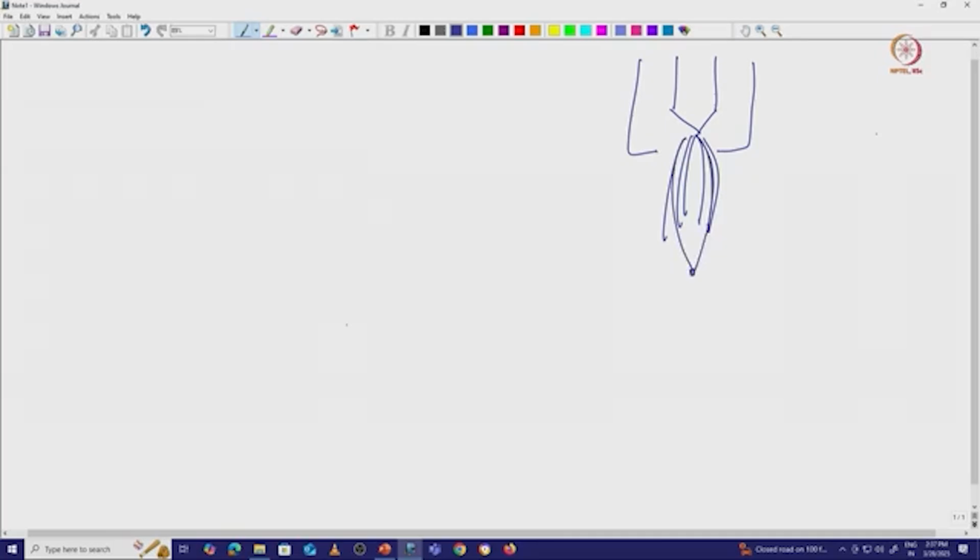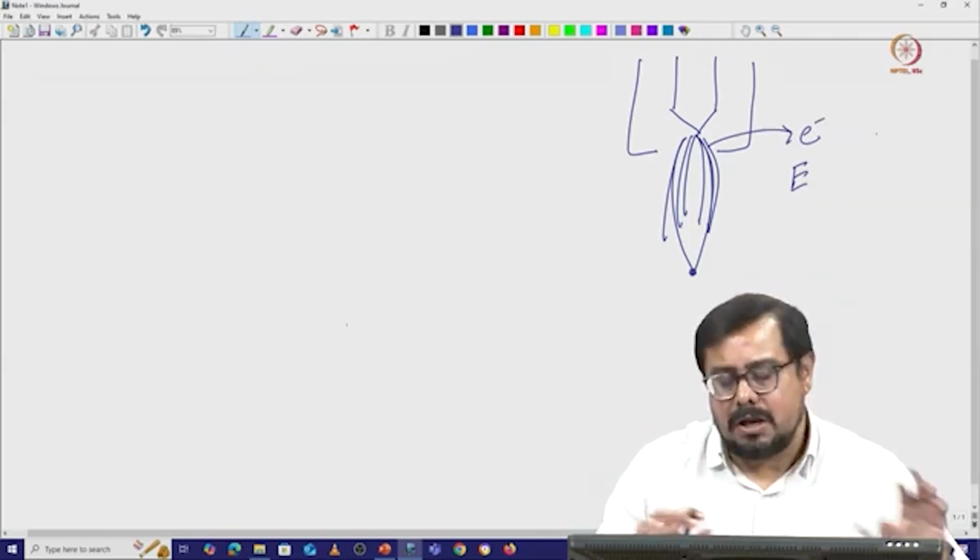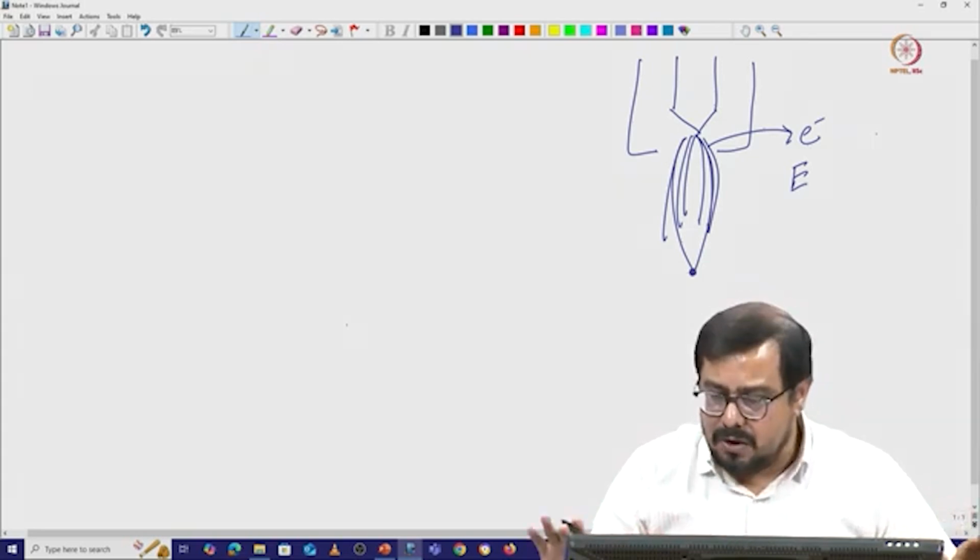We expect all the incoming electrons to have the same energy E, so everything will merge at one particular point and it will be uniform, with no difference.